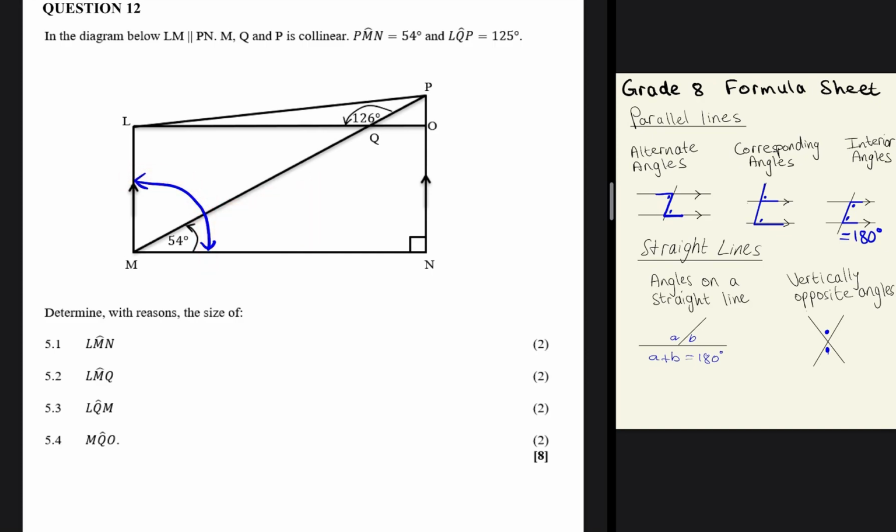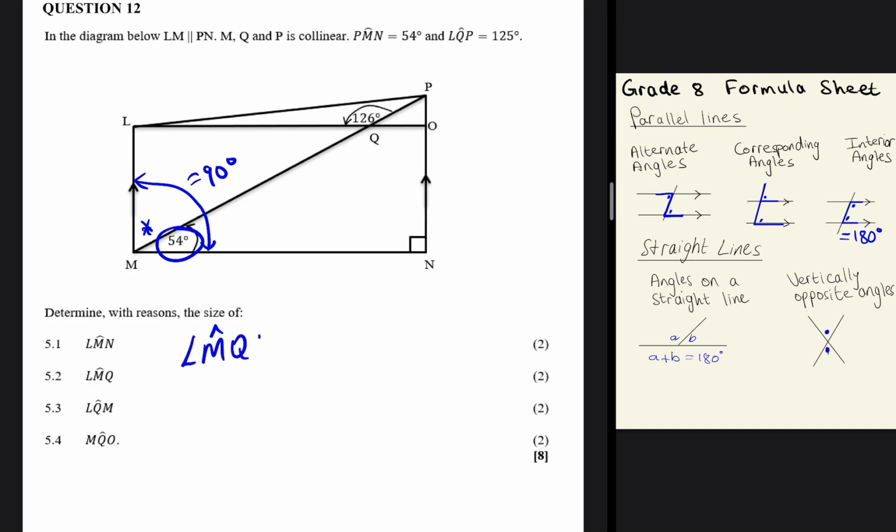So if that is equal to 90 degrees, the one we just worked out now, then the angle LMQ plus the 54 will equal the 90 degrees. Let me just show again. So this angle here plus this angle, both of them will equal 90 degrees.